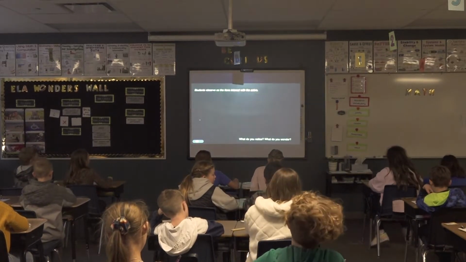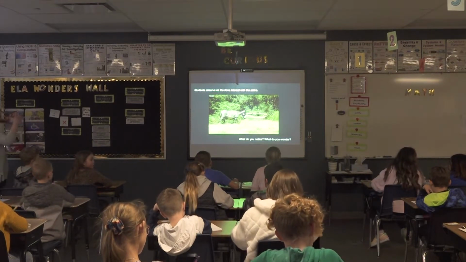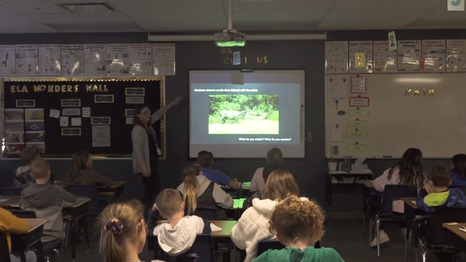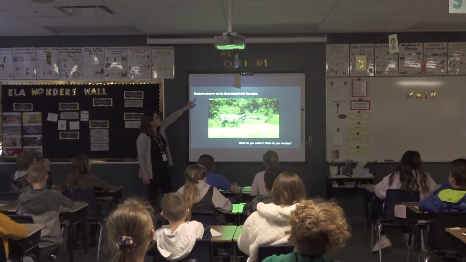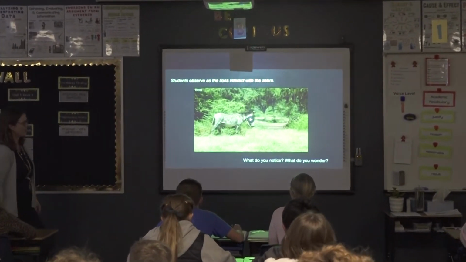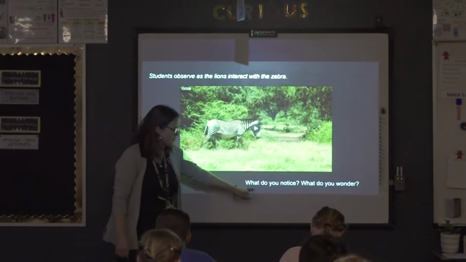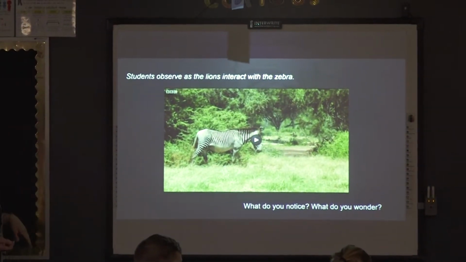All right, so let's all read together, just getting your minds on the right track of what we are about to observe. Read with me, ready, begin. Students observe as the lions interact with the zebra. As you're watching, you're going to be thinking about what you notice and what you wonder. What are those questions that come to mind?